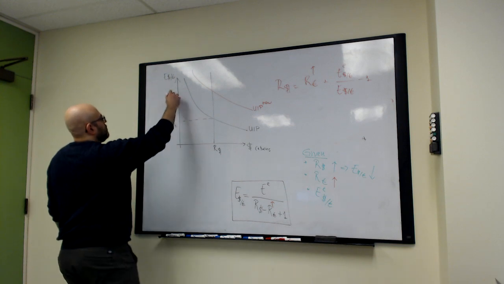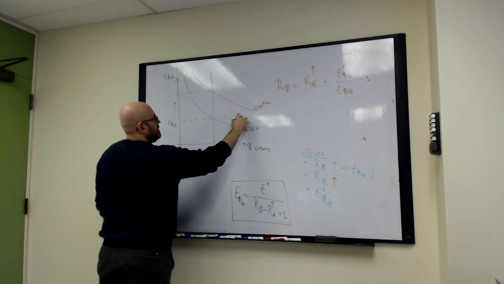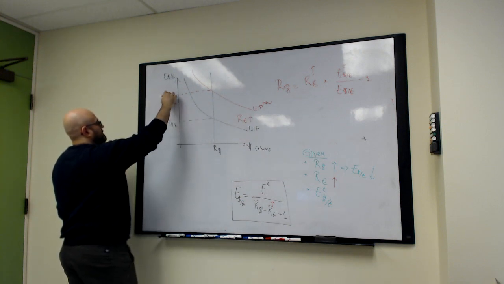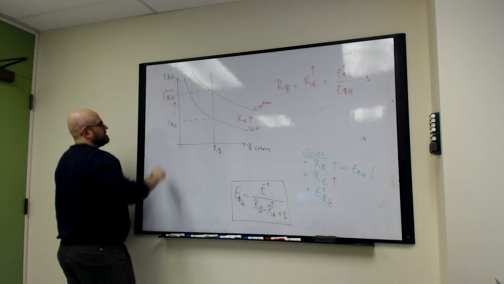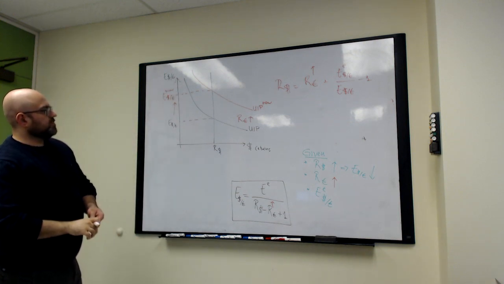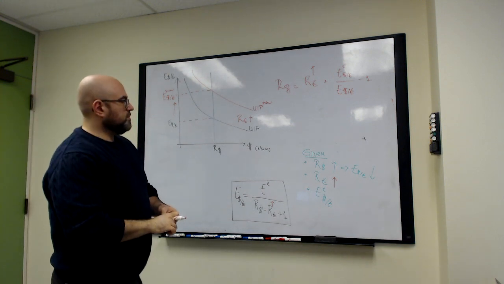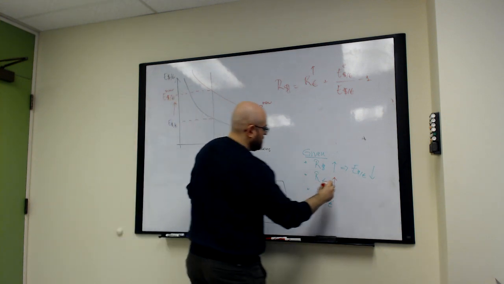And then as a consequence, the nominal exchange rate will increase. That means that the dollar depreciates. A higher nominal exchange rate means that it takes more dollars to buy 1 euro. The dollar has weakened, so it's a depreciation.